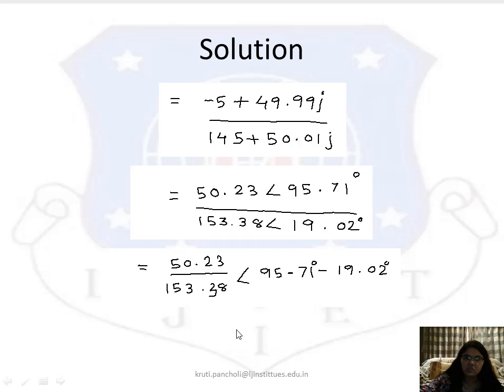Now here it is minus 5 plus 49.99J upon 145 plus 50.01J. It is in the rectangular form.